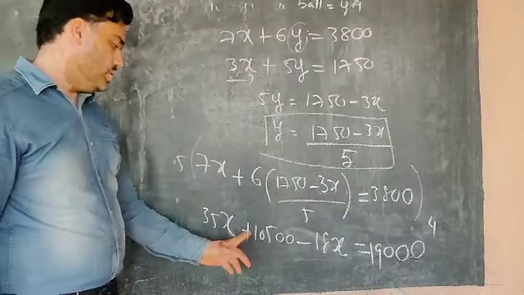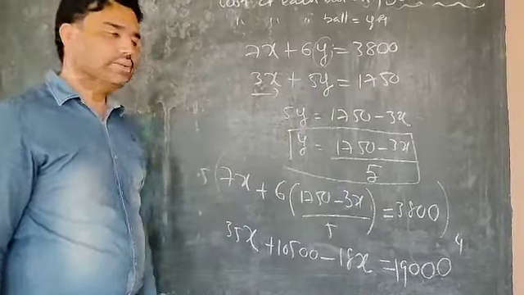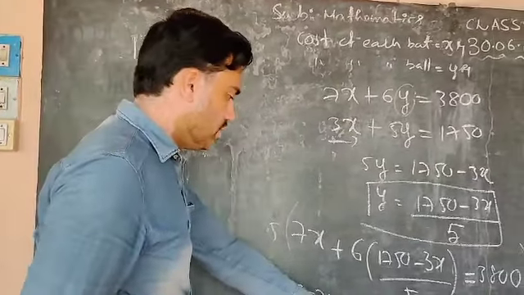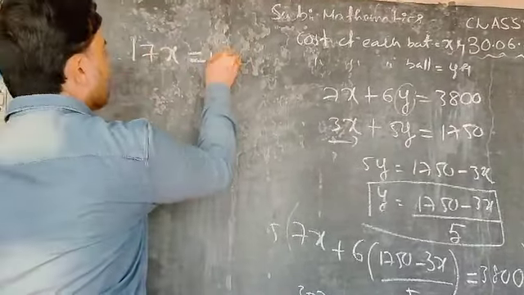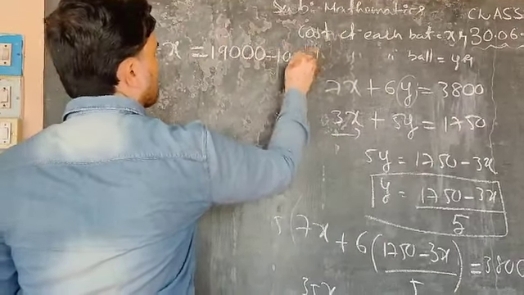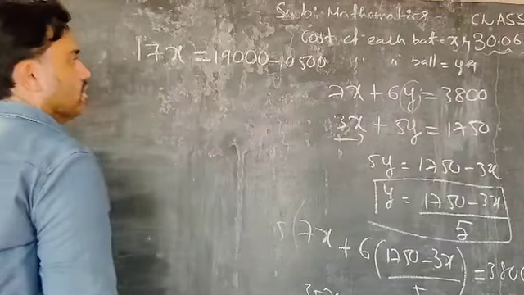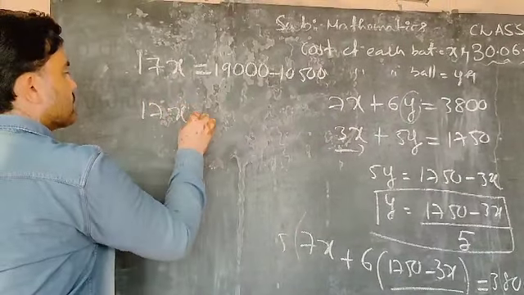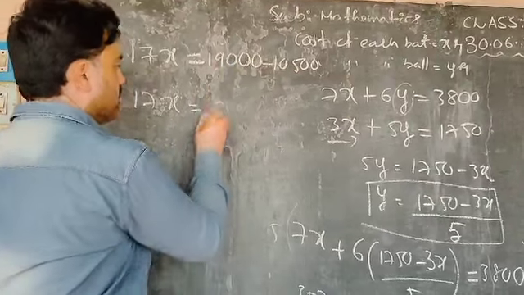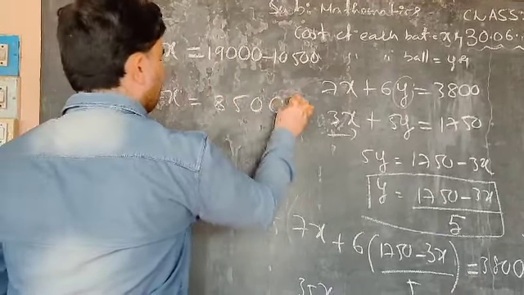So now what do you do? 35 minus 18: 17x. Next you send to 19,000 minus 10,500. So now 17x is equal to 9,000 minus 500, that is 8,500.